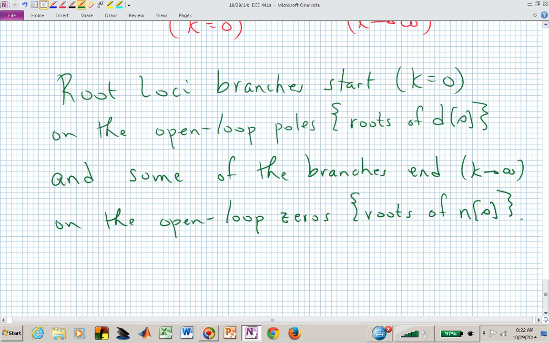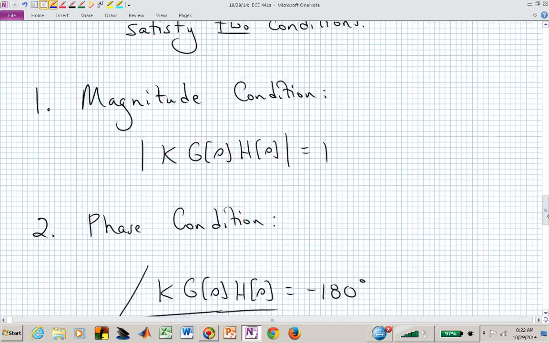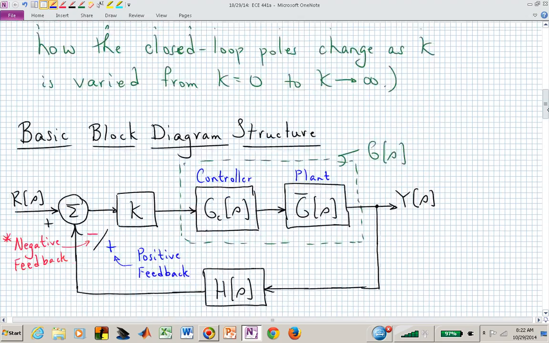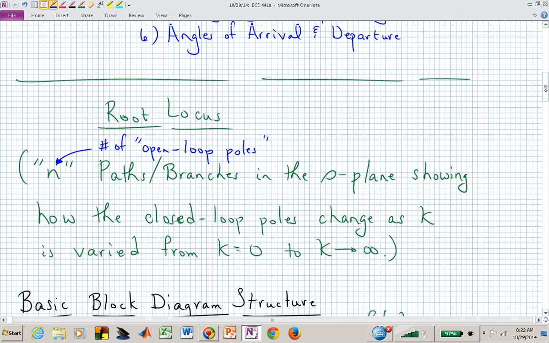Sum actually means, anybody have an idea? We have how many root locus branches to begin with? Maybe I didn't say it, or I said it somewhere. We're agreeing that we have n poles. So we're assuming that d of s starts with, let's say, 10 roots.